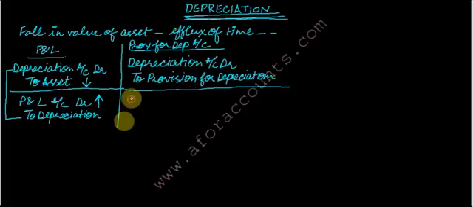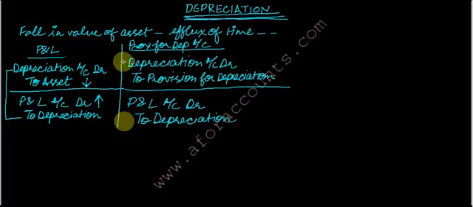It is an expense. So what will I do? Profit and loss account debit to depreciation. So you can see that here also the debit and credit, depreciation and depreciation, get nullified. So my expenses are increasing, and the same effect has been given in provision for depreciation. Provision has a credit balance and the provision for depreciation is increasing.